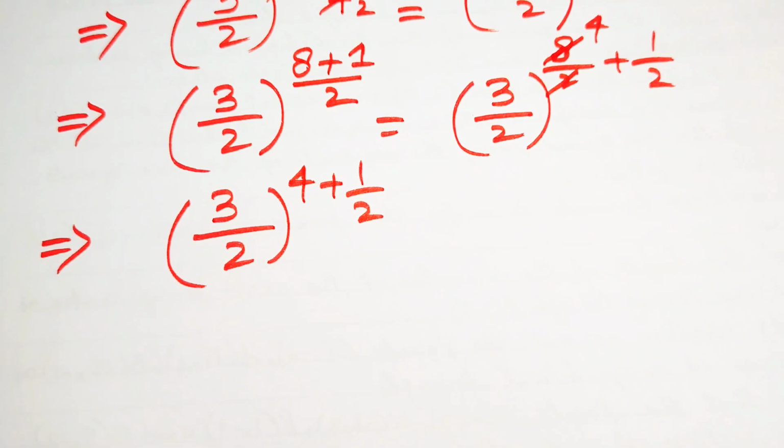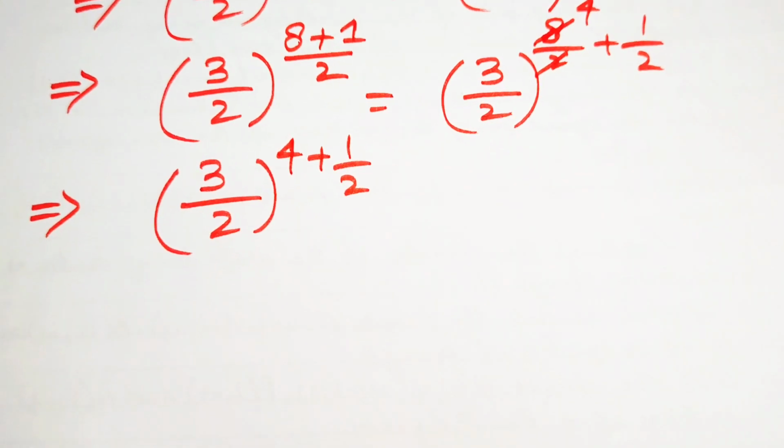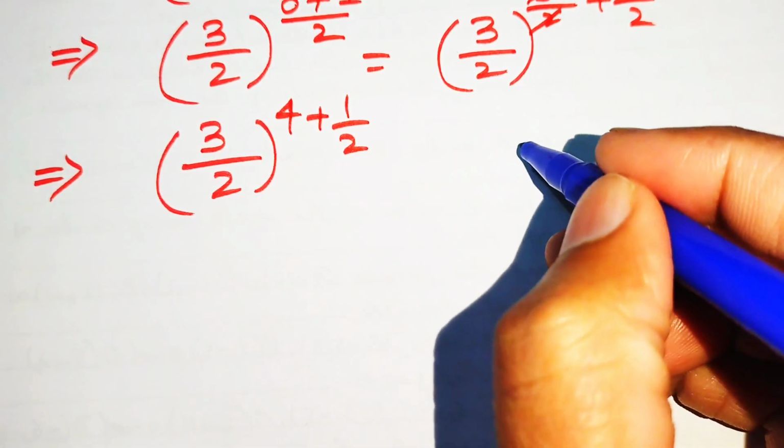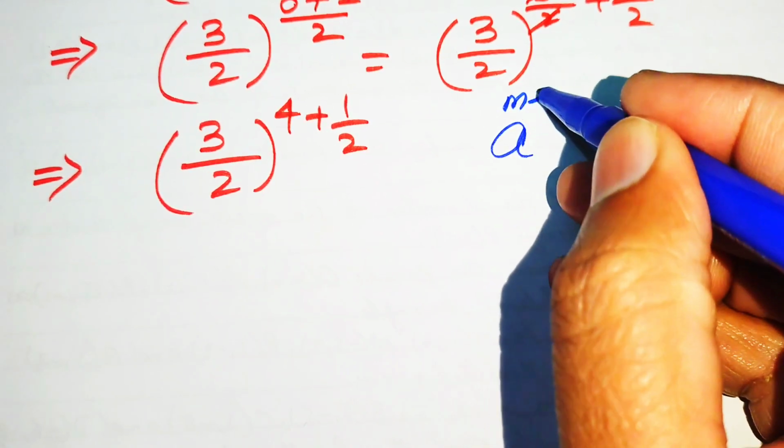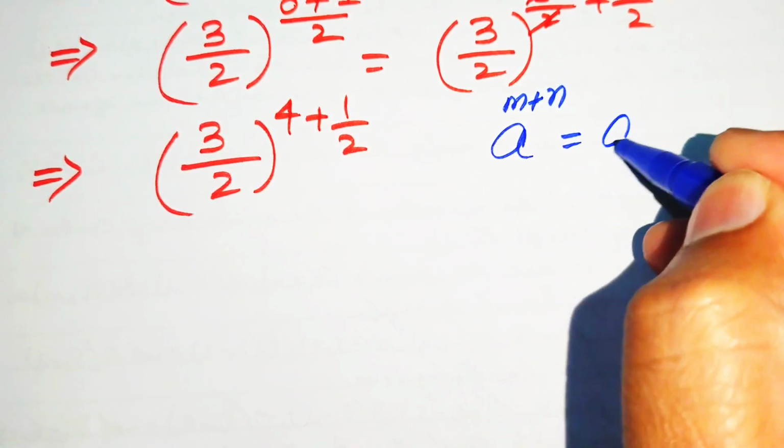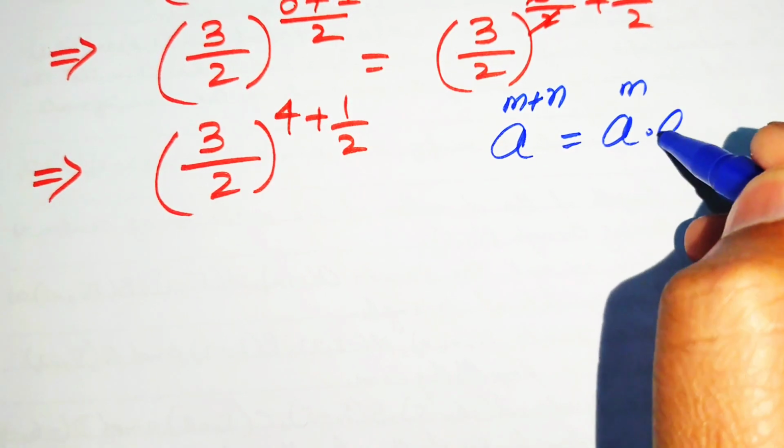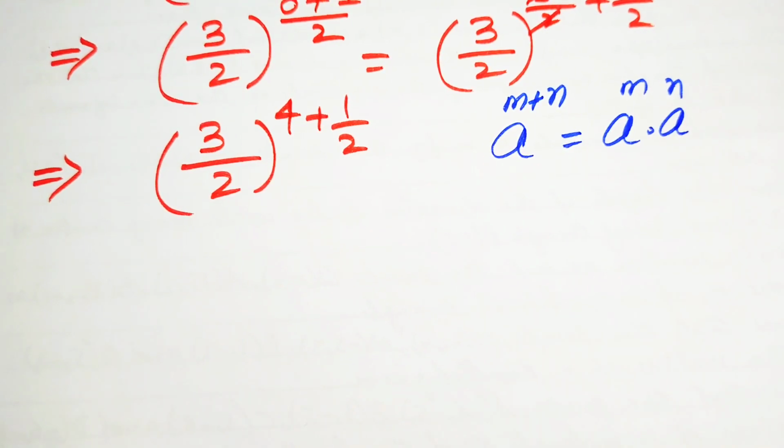After that, we use another exponential law: if we have a to the power of m plus n, it is equal to a to the power of m into a to the power of n.